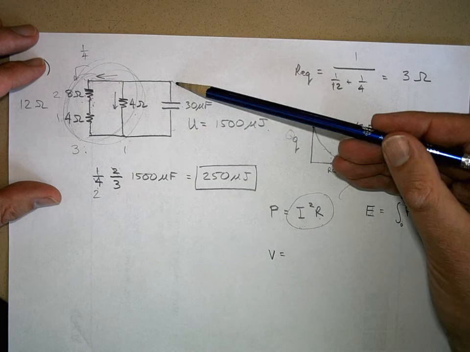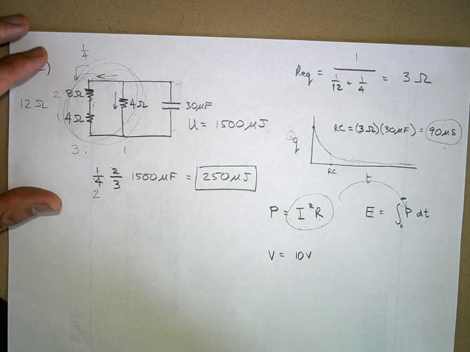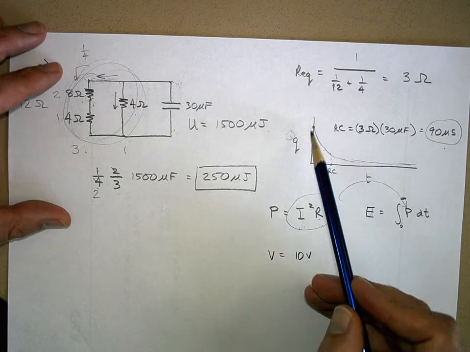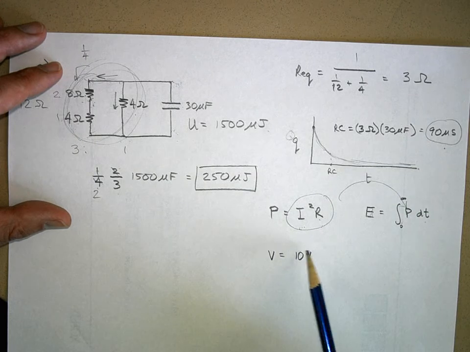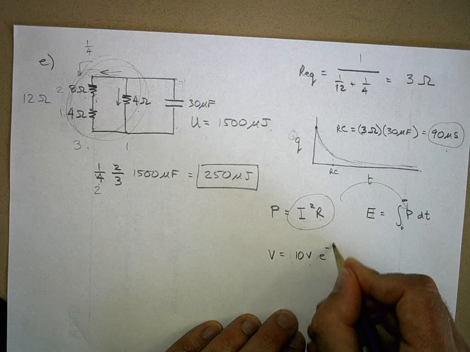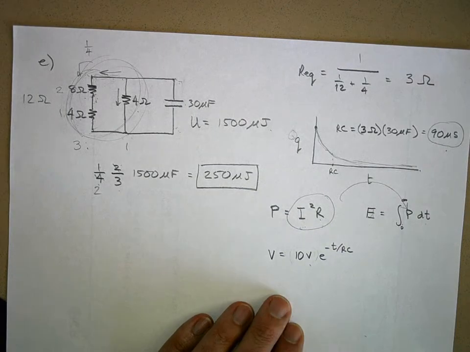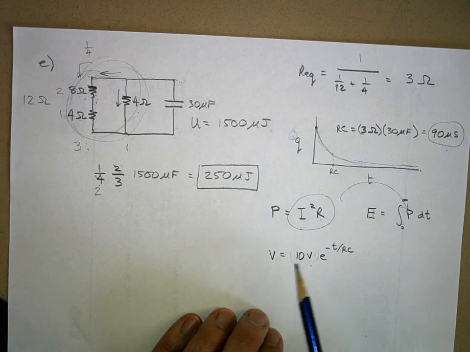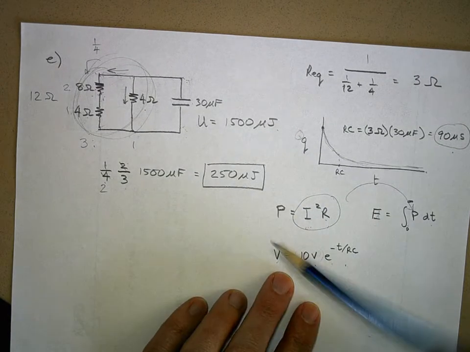We started with 10 volts, and then the voltage on the capacitor is going to go to 0. It's going to have this exponential, so it's just going to be e to the negative t over RC. So this is the voltage that's provided by the capacitor.